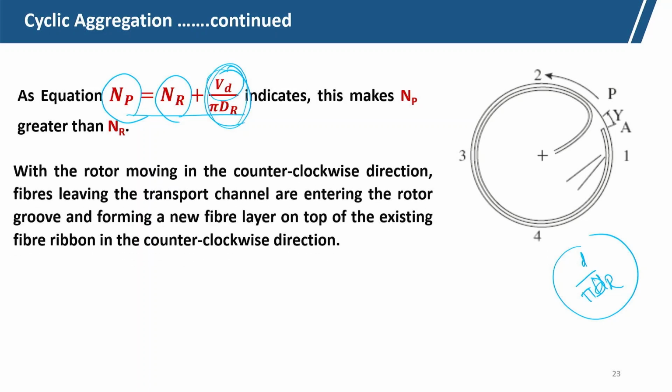We have already discussed, with the rotor moving in the anti-clockwise direction, fibers leaving the transport channel are entering the rotor groove and forming new fiber layers on top of the existing layer, existing ribbon of fibers, in the counterclockwise direction.